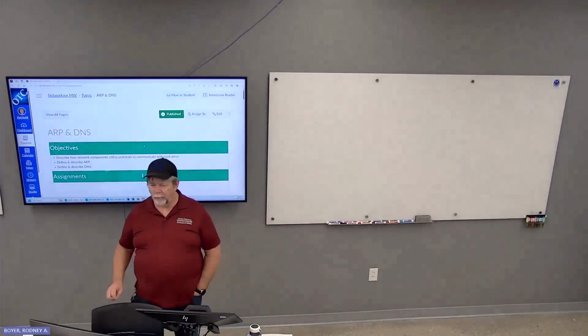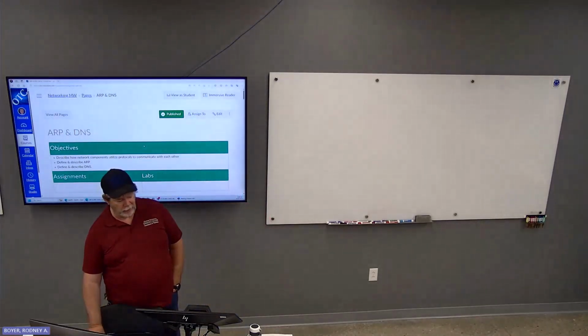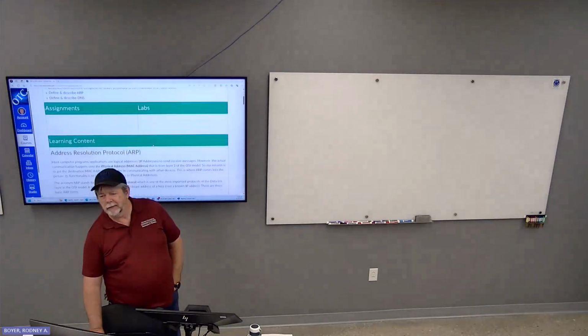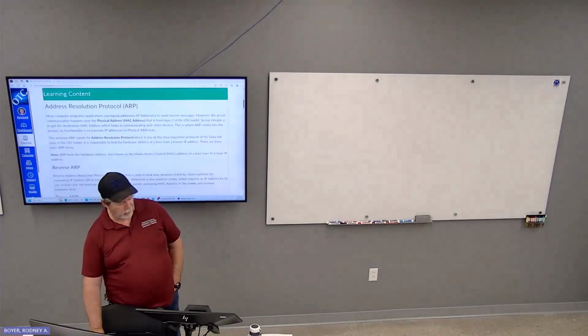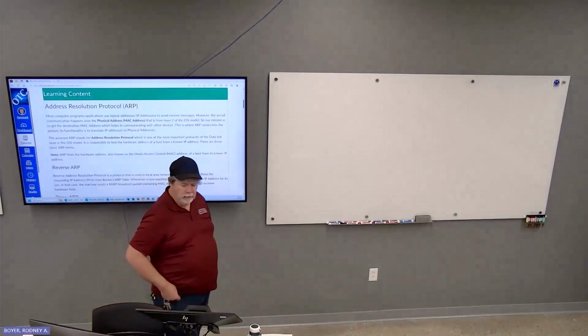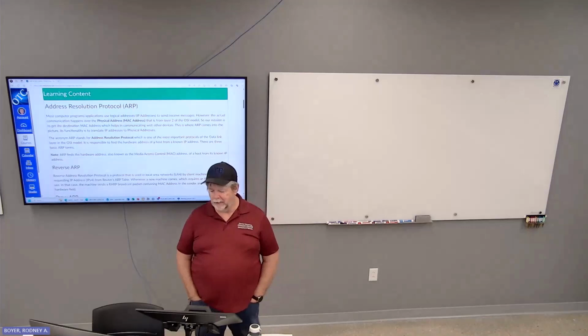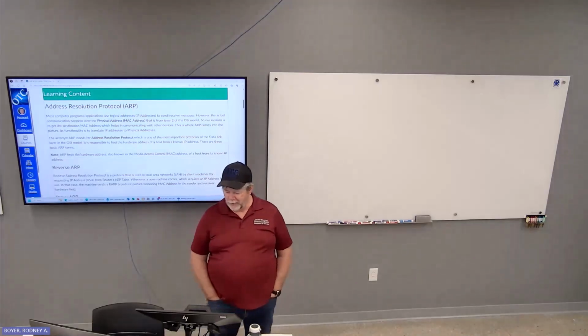So, ARP is used to resolve the MAC address, and DNS is used to resolve the IP address. Okay. So, most computer programs and applications use the logical addresses, which is the IP, to send and receive the messages.